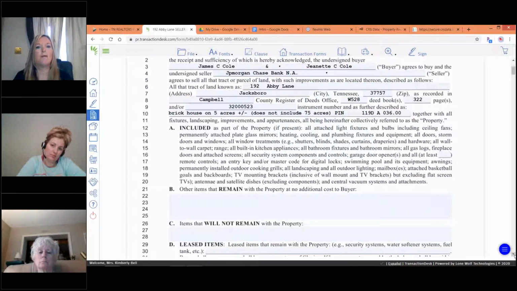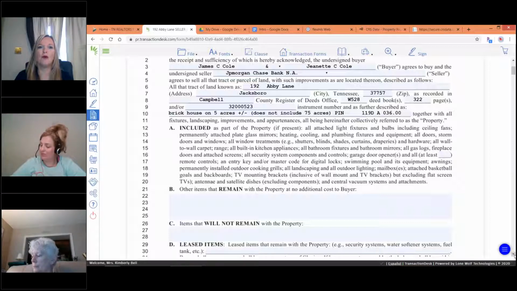The plate glass mirrors are the ones that are attached to the walls. Like in my basement, I have little 1-bys. Those are considered plate glass mirrors if they're attached. But the bathroom mirrors are, in today's world, a lot of them framed. If it's a framed mirror, it is not considered art. It is considered a bathroom mirror. If it is there when the house is shown, it remains.